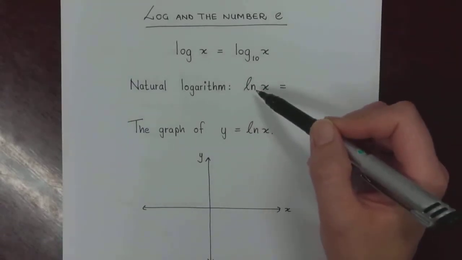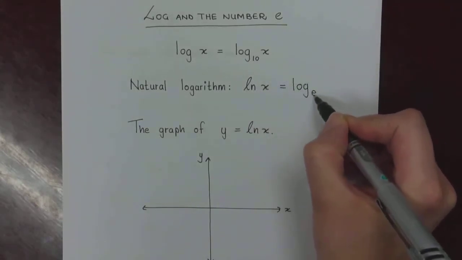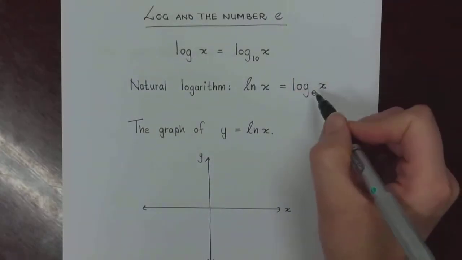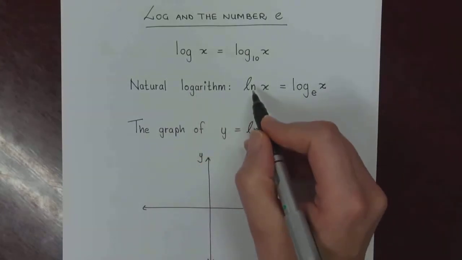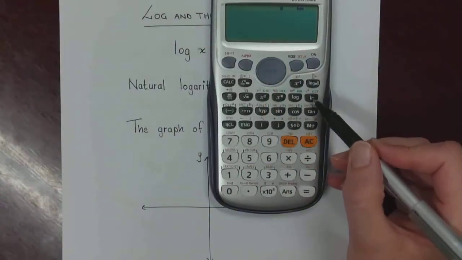Your natural logarithm should be log base e of x. So this number e has now become the base number for my natural logarithm. And this has been defined as ln. That stands for ln, and if you look at your calculator right there, you'll see ln appears right over there.